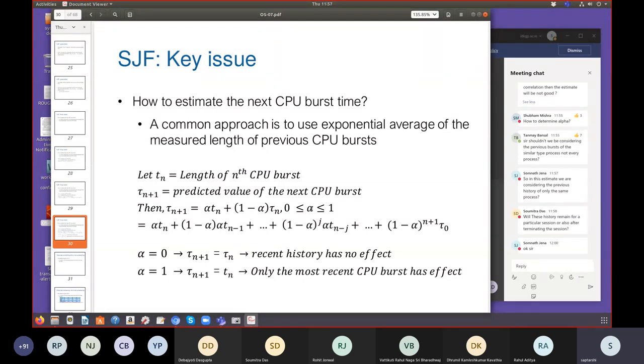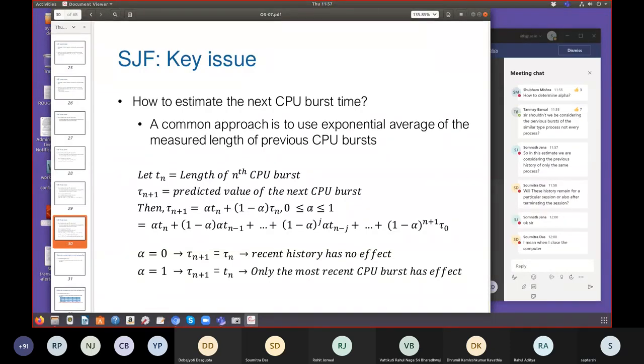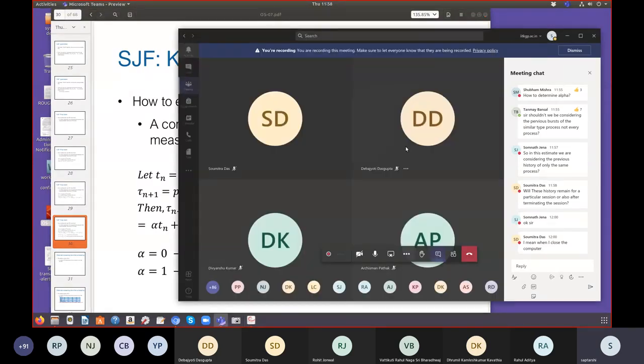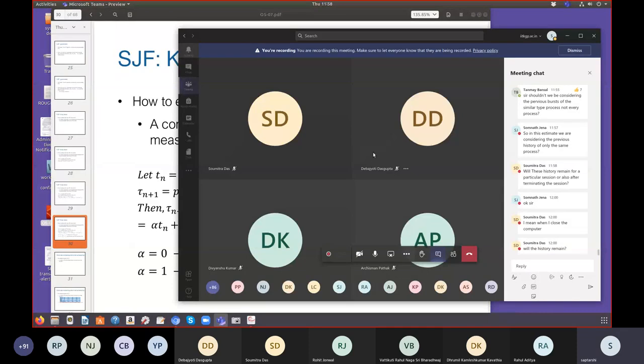So what is a session now, Shomitra? When you switch off the computer, I really don't know whether the kernel stores the history.